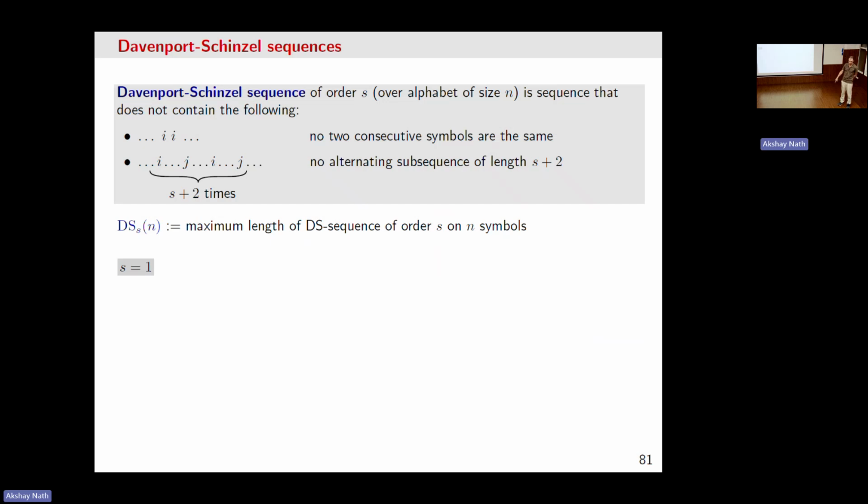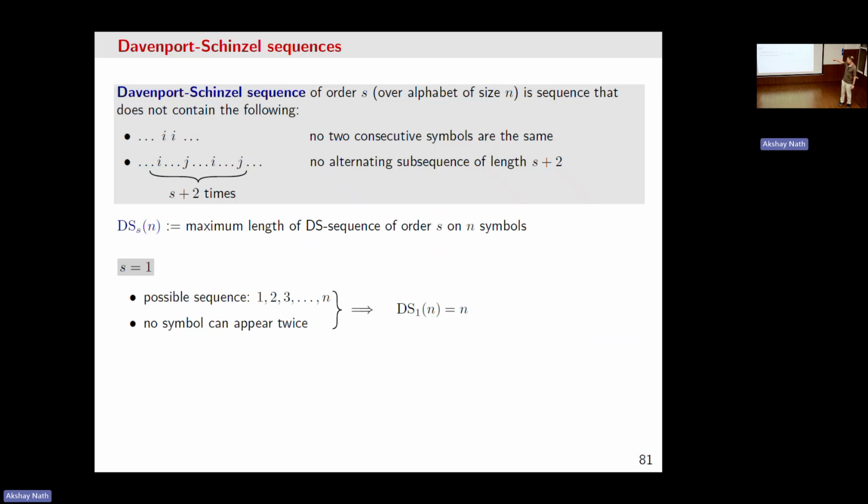I mean, it's definitely allowed to simply write 1, 2, 3 all the way up to n. But I don't repeat anything. And now for s equals 1, I'm not allowed to have some I, some j, and then I again. So that essentially means that you can never repeat a number.